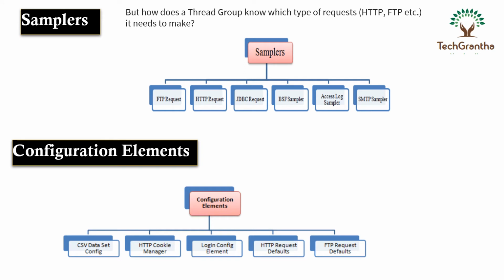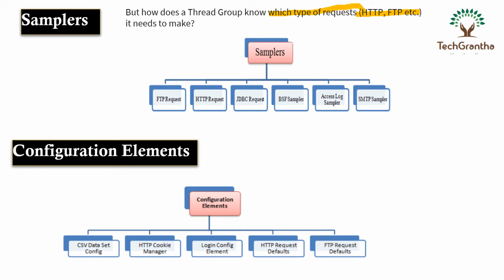Next, the most important element in JMeter is the sampler. What is the meaning of the sampler, and where does the sampler come in? Suppose you declare your thread group. After declaring the thread group, you need to identify which type of request that particular thread group has: is it an HTTP request, an FTP request?